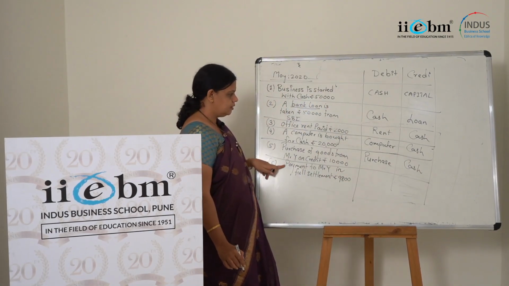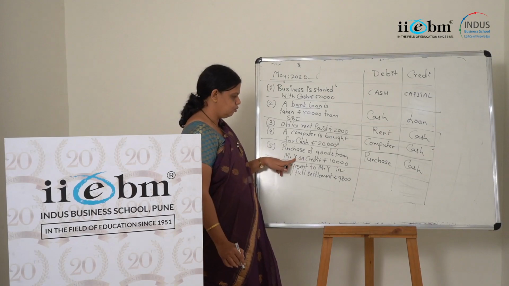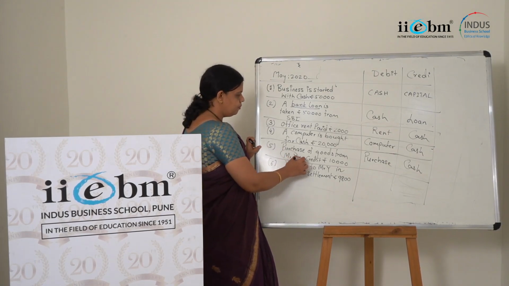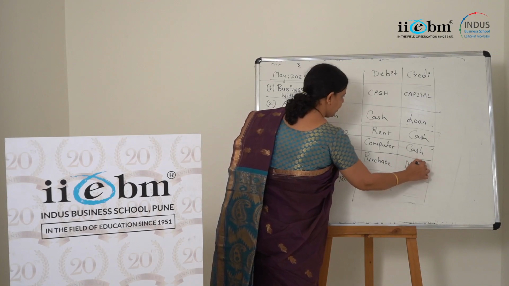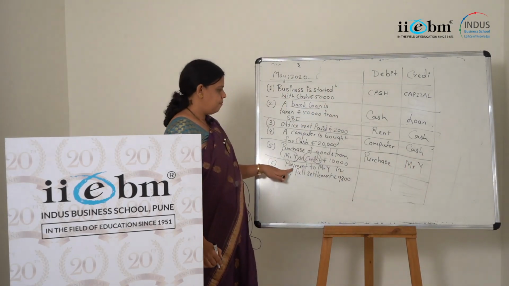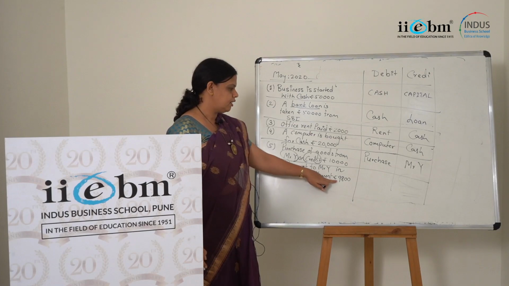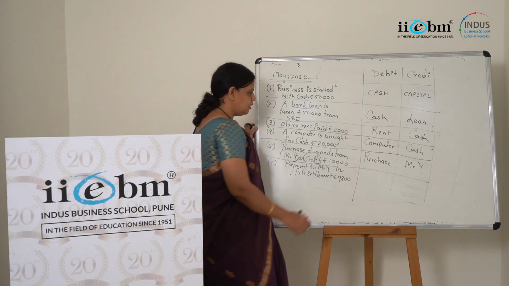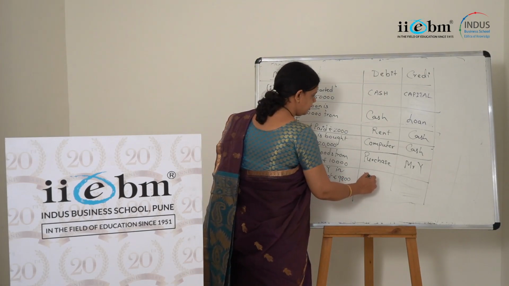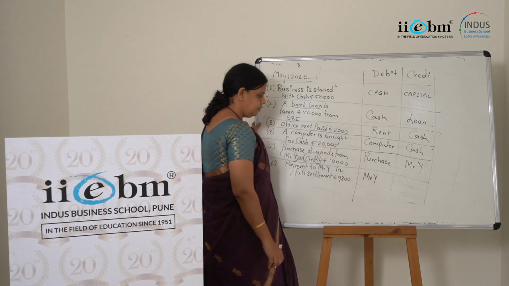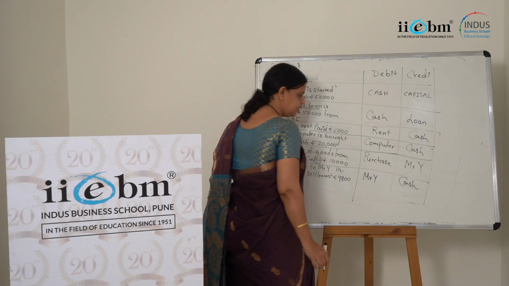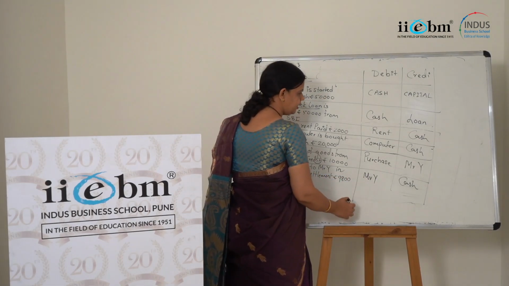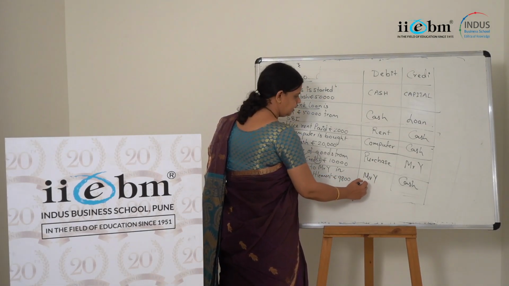And then, is it cash credit? No, you are buying from Mr. Y on credit, so here I will write Mr. Y credit, right? Payment to Mr. Y in full settlement of rupees 9,800: so Mr. Y debit, right? Cash credit. Mr. Y debit how much? 10,000.